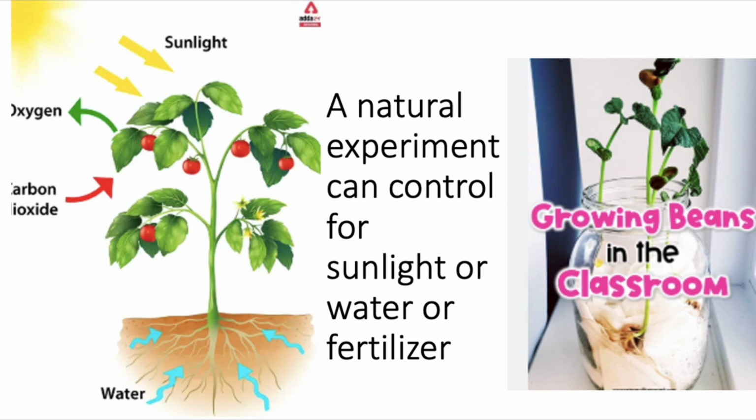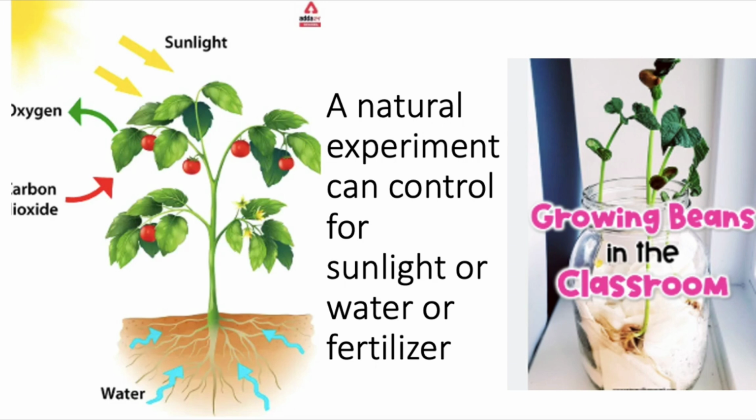As an experiment, where the plant needs sunlight and carbon dioxide and water and minerals to grow, you could always put the plant in a shade and maybe not give it water or fertilizer, and control for those factors to actually see if one of the other factors had an impact on the plant actually growing or not. So, in the case of a natural experiment, we can control such factors as sunlight, water, or fertilizer.